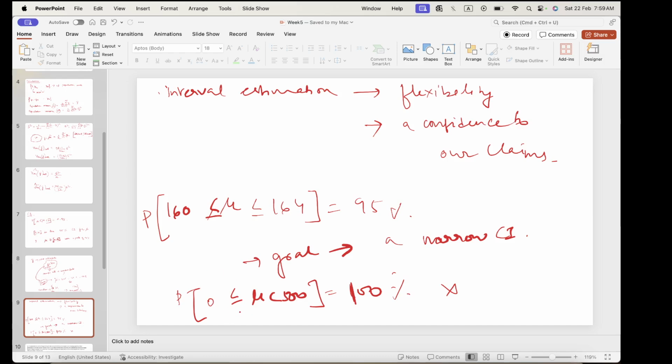It gives a huge range of viable options for mu, implying mu can have a large variation, but I don't want that. I want my proposed interval to be as close to mu as possible. So for a good estimation, I should have a narrower confidence interval.